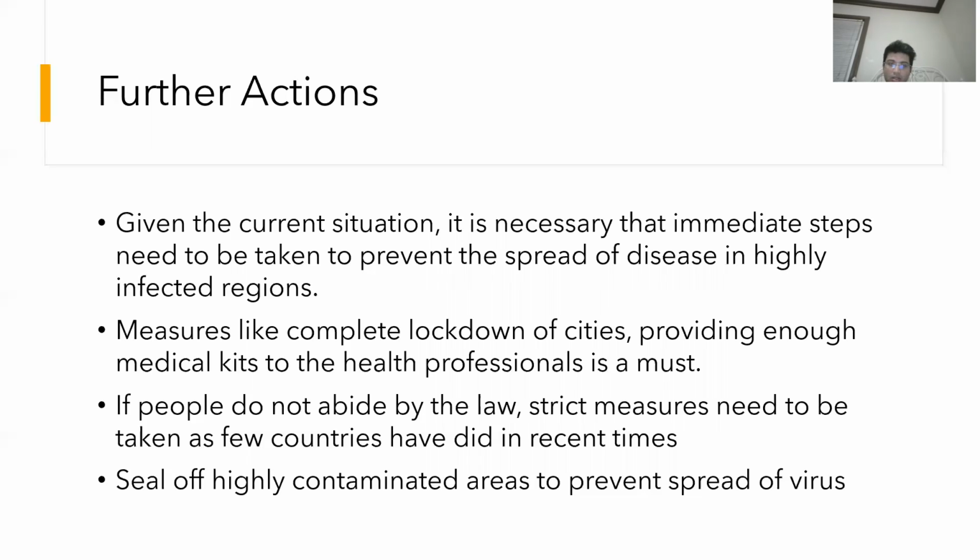And one also doesn't know if the other person is immune, or has a good immune power or not. And if people do not abide by the law, then strict measures need to be taken. For example, in India, the government has imposed a curfew, and the police are taking strict action against those breaking it.